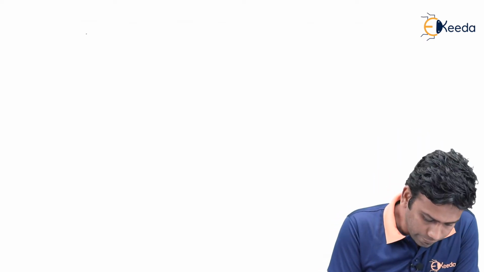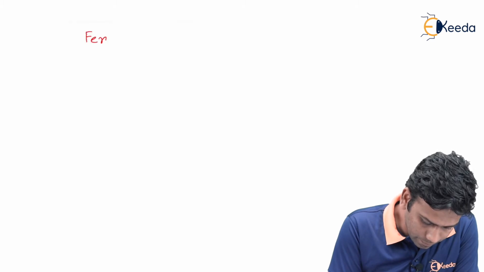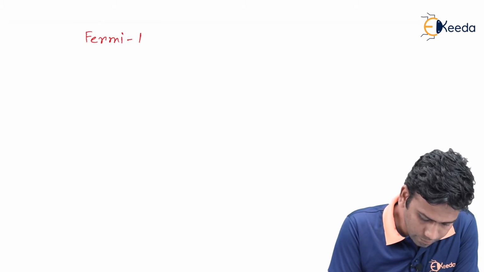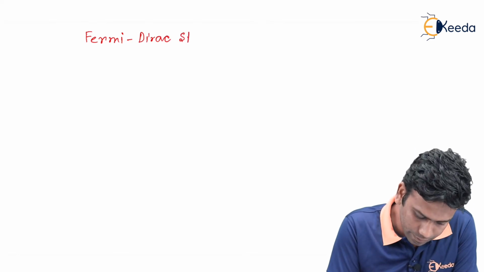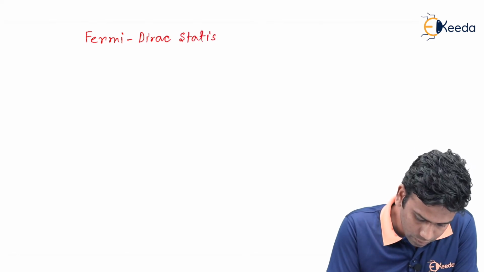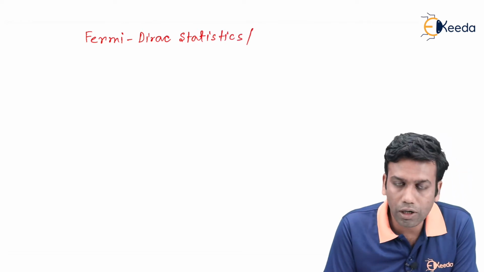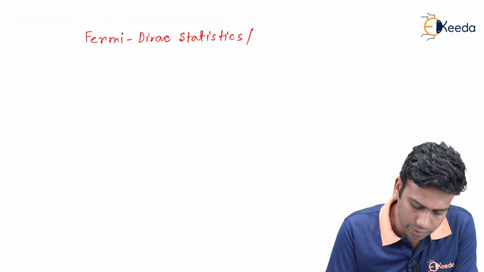So this Fermi-Dirac statistics is also called the Fermi-Dirac probability distribution function.